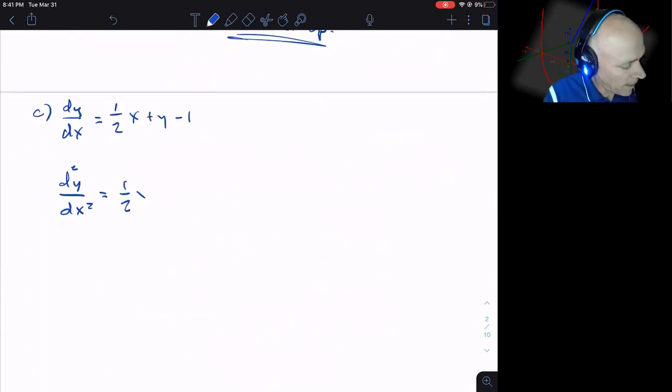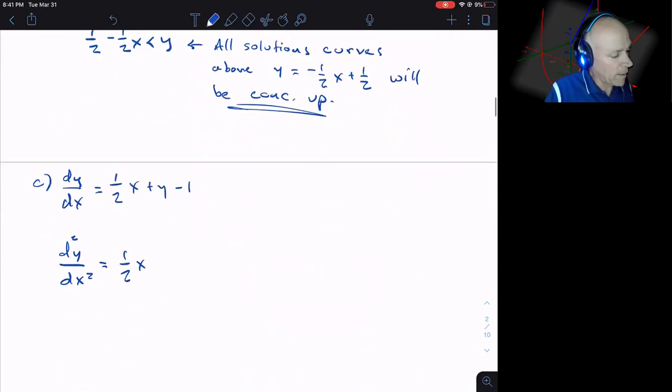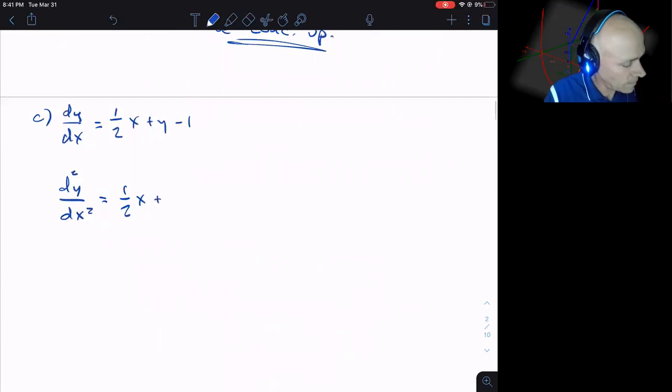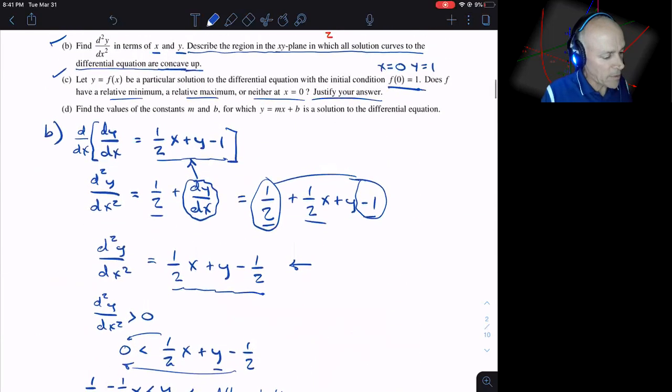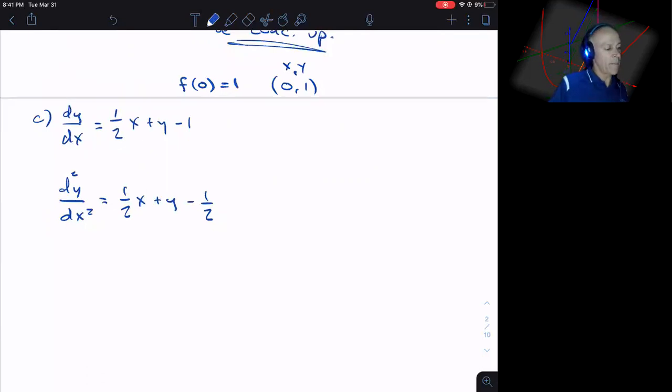Again, the point I'm interested in is f of 0 equals 1, which, if I think of that as a coordinate pair, would be 0, 1. That's my x, that's my y, just so I don't mess it up.